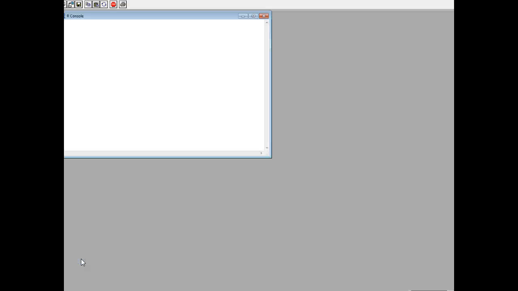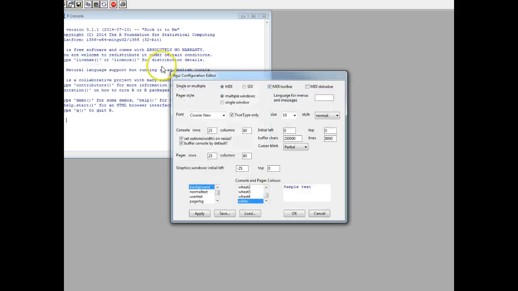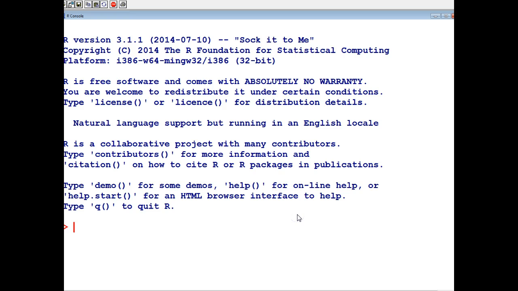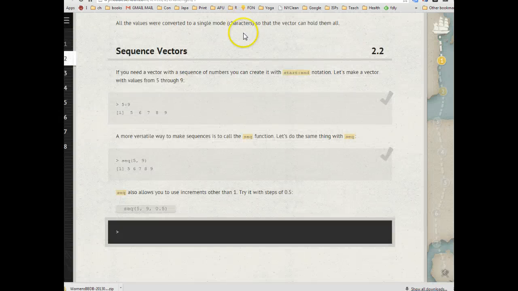You open it up, you get that. Okay, and I'll make this bigger. Go to GUI, preferences, and here. Okay, like that.